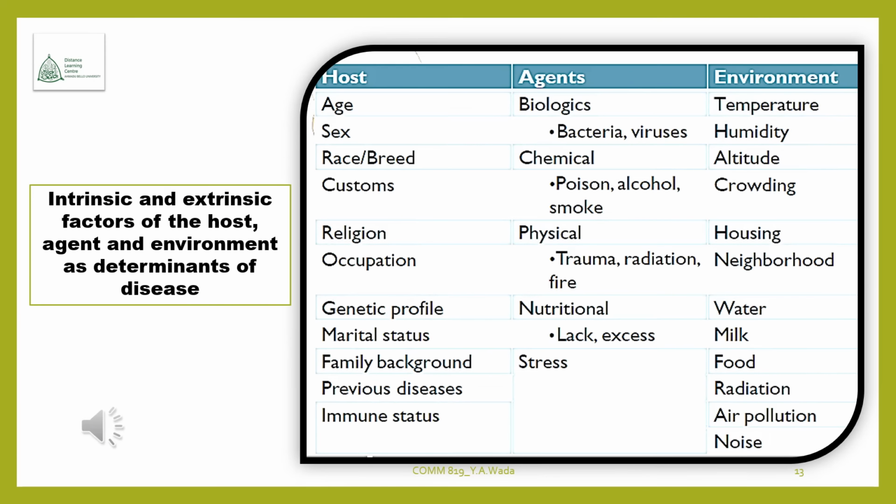So, some of the intrinsic factors and extrinsic factors that influence disease establishment in the host include factors like the age of the host, the sex or gender, whether male or female, and race or breed, custom, religion, occupation, the genetic profile, marital status, family background of the host, previous disease record, and the immune status of the host.